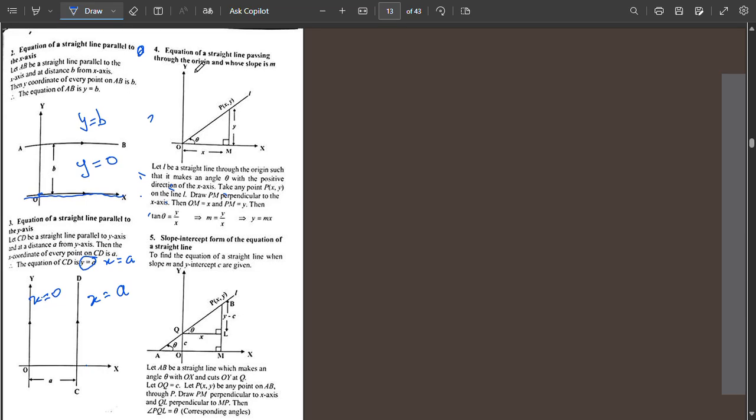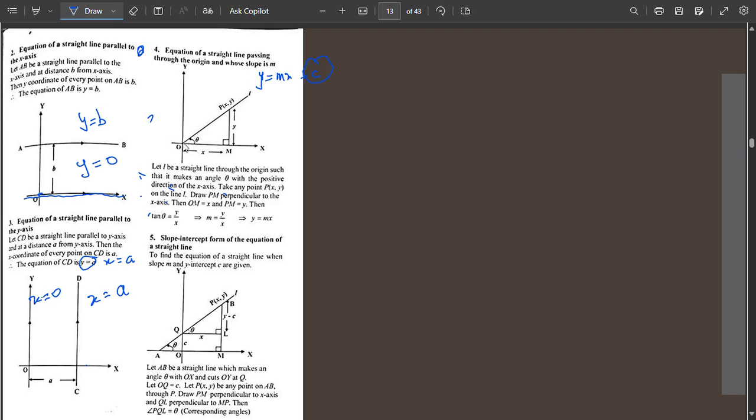Next one is the equation of a straight line passing through the origin and whose slope is m. If a line passes through the origin and its slope is m, then its equation will be of this form: y equal to mx. I wouldn't have any c, because plus c represents the intercept.